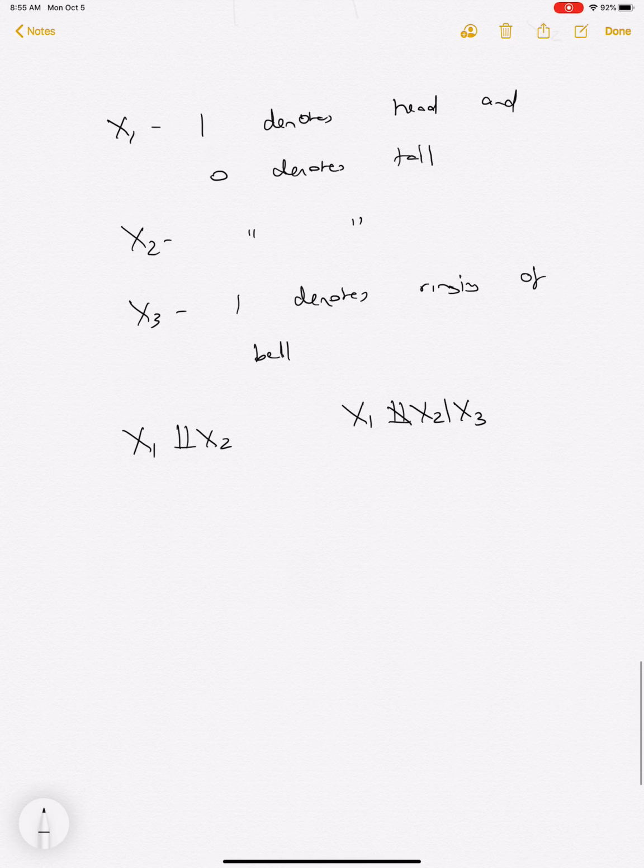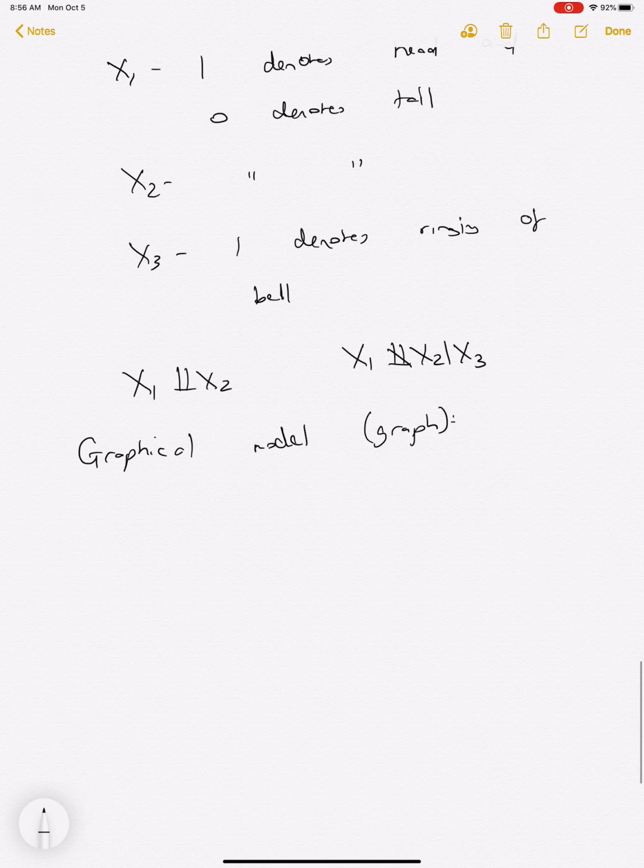Okay, and then the graphical model graph, which again we haven't learned how to define yet, but the idea here is just to understand that we've got conditional independence relationships and they can be encoded by a graph. We have x1, x2, and x3, and this is what the graph looks like for the graphical model.